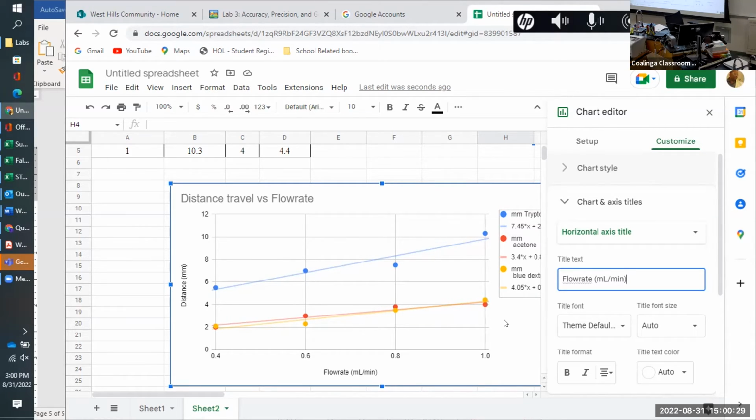Are you using Excel? It works the same. This is millimeters.